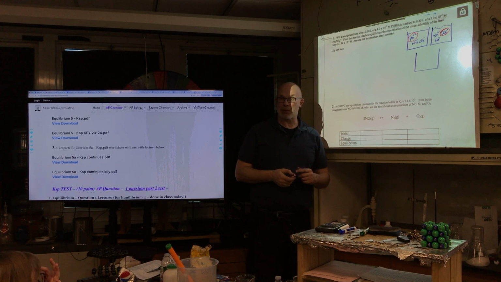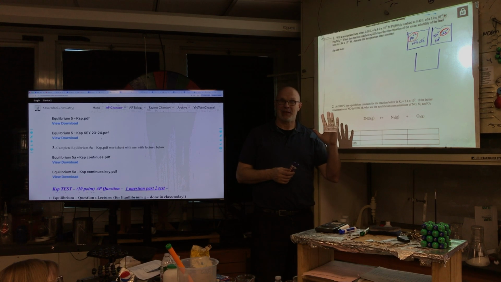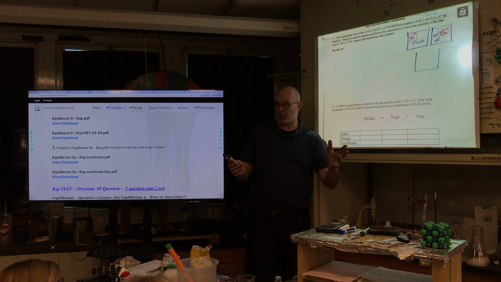lead 2 sulfate will precipitate, or could possibly precipitate, because again, the question is, will this mixture cause a precipitate?